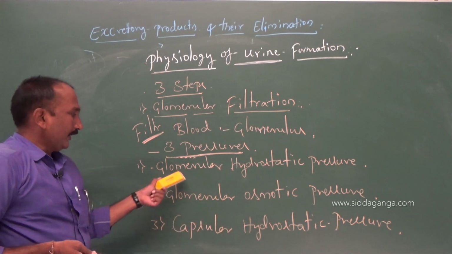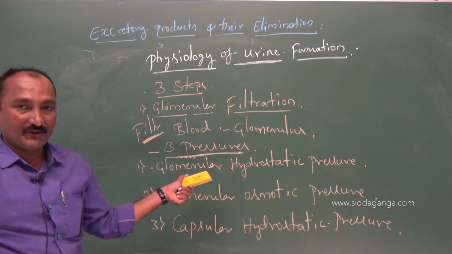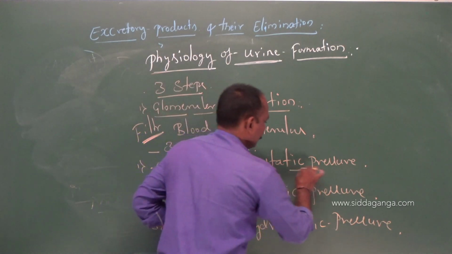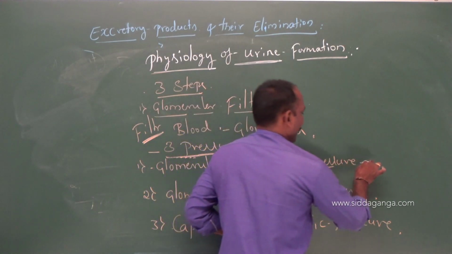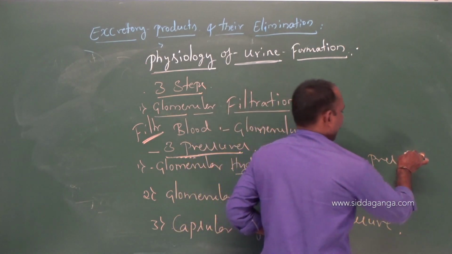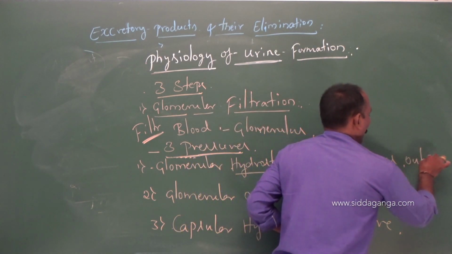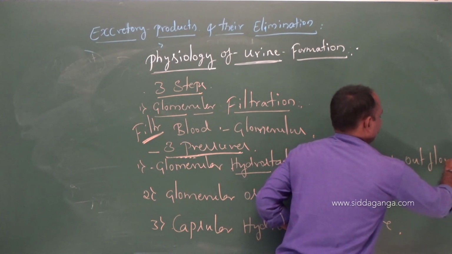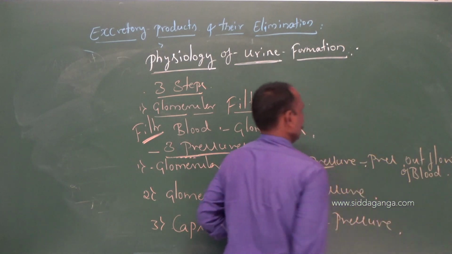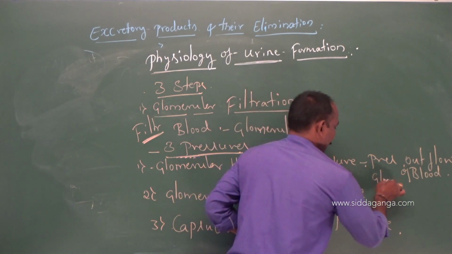One by one, what is this glomerular hydrostatic pressure? It is the pressure exerted by the outflow of blood in the glomerulus.